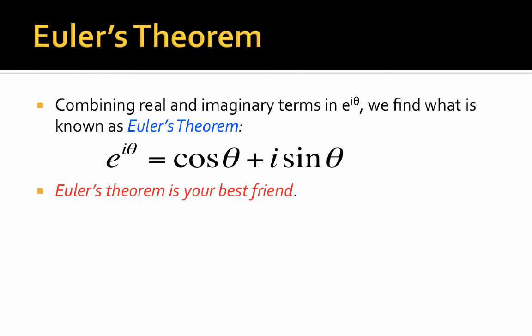What you will find is that when you combine your real terms and your imaginary terms, the real terms are cosine theta and the imaginary terms are sine theta, and when we add them together, we find the function that we had for e to the i theta, and this becomes Euler's theorem. You could try it sometime, write it out. If you didn't do it in a math class, it's kind of a fun exercise to see that it really works out.